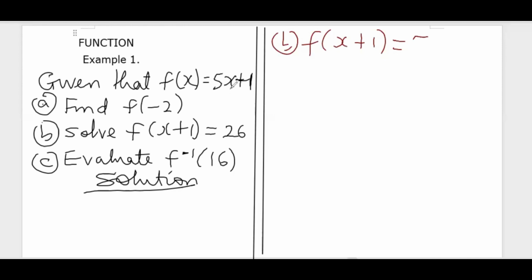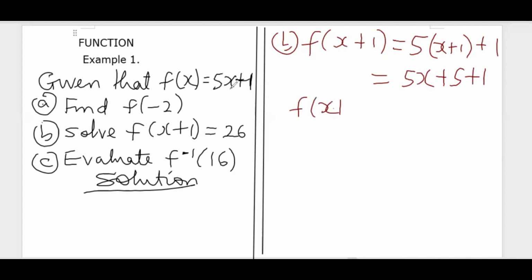So we have 5x, that means 5 times x plus 1, then plus the 1 outside. So that gives us 5x plus 5 plus 1, which implies that f of x plus 1 eventually gives 5x plus 6.